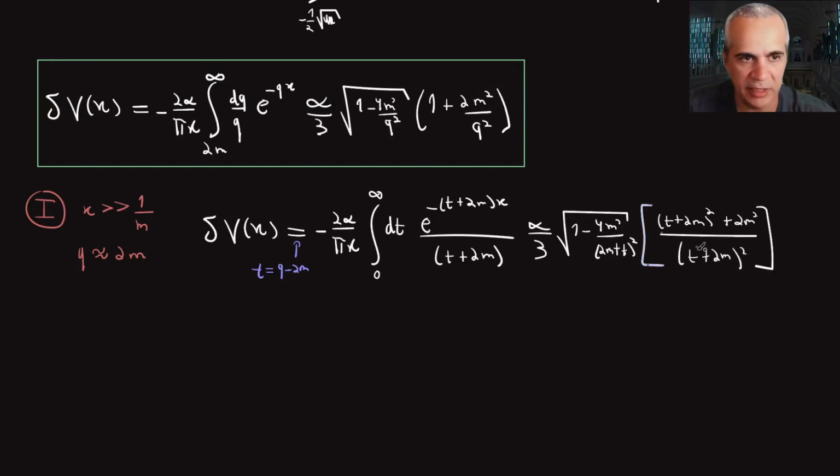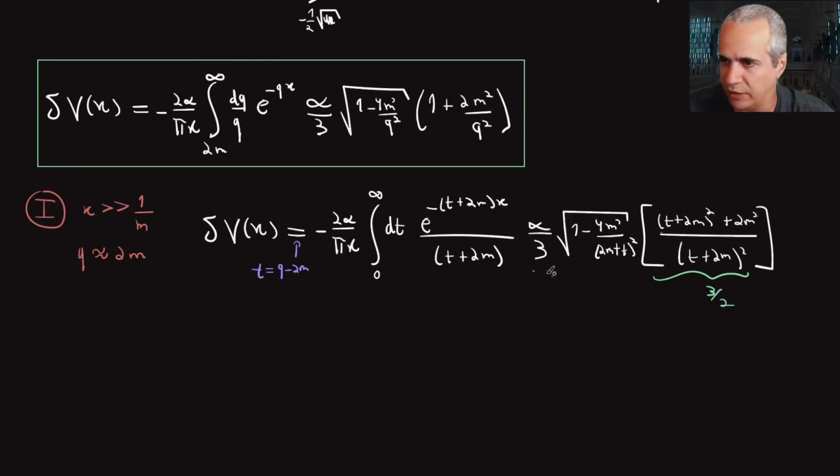Now, since t is close to 0, I can do a bunch of approximations. Just taking t to 0 here gives me 4m squared plus 2m squared over 4m squared. That's just 3/2. So this is just 3/2.